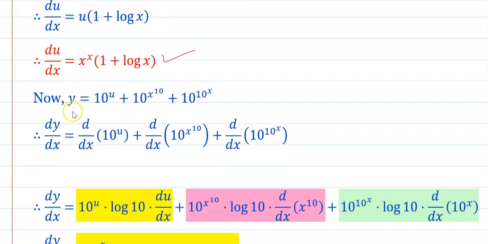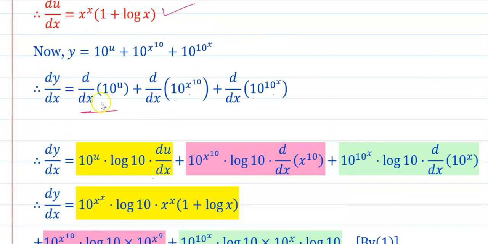Now next, y is equal to 10 raised to u plus 10 raised to x raised to 10 plus 10 raised to 10 raised to x. dy by dx is equal to d/dx of 10 raised to u, plus d/dx of 10 raised to x raised to 10, plus d/dx of 10 raised to 10 raised to x. The derivative of 10 raised to u is 10 raised to u into log 10 into du by dx.